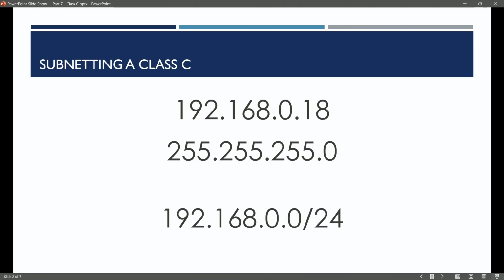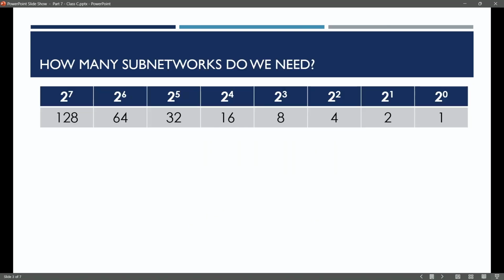So the network is 192.168.0.0, and it is a 24-bit mask. So /24 for prefix notation.